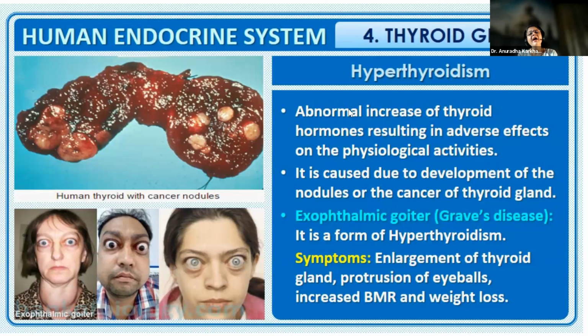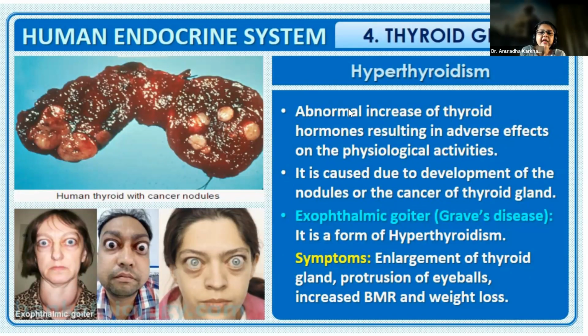Or the hypothalamus is continuously bombarding the pituitary gland to make TSH. So your hypothalamus is not functioning properly. Or maybe some of the cells of the thyroid itself have become oncogenic, meaning cancer causing. In all these things, hyperthyroidism may happen.